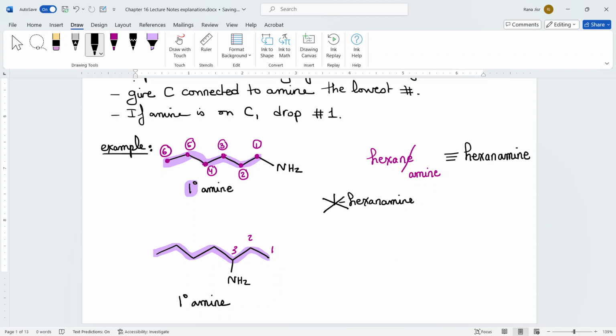However, if the amine is on any carbon of the chain other than carbon number 1, you have to mention where the location of this amine is. So you have 4, 5, 6, and 7. A 7 carbon chain is a heptane. On carbon number 3, I do have my amine. So the name here is going to be 3-heptanamine. Okay, the 3 now is a must.